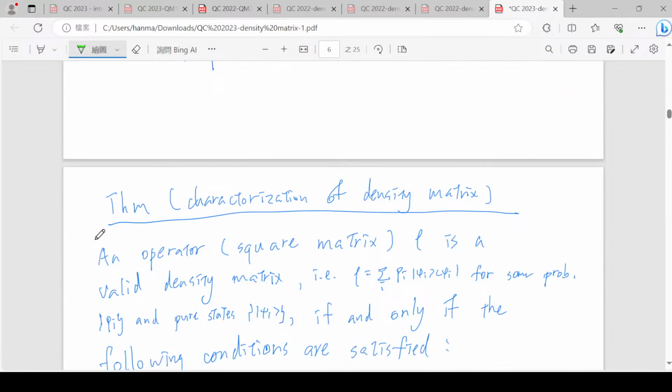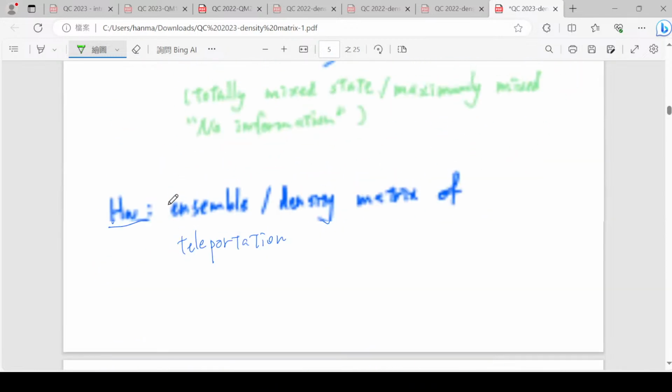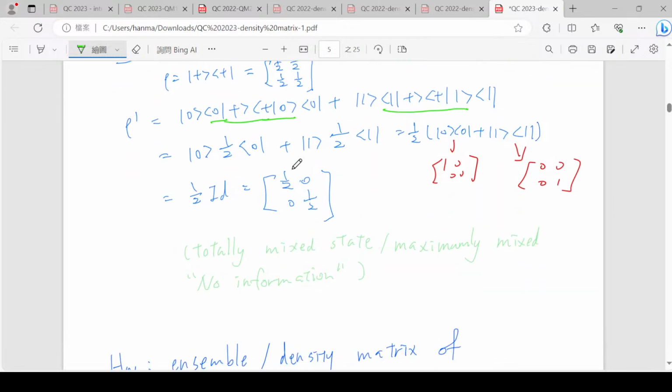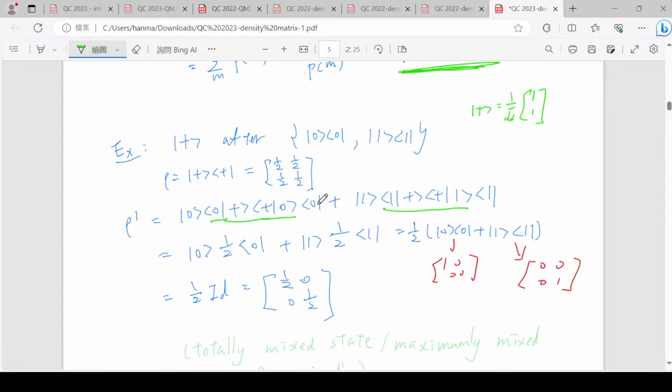I believe you were doing homework. That is actually a totally mixed state. At least we can prove, yeah, we can prove quite easily in 2 dimensions. So this thing actually doesn't depend on basis.